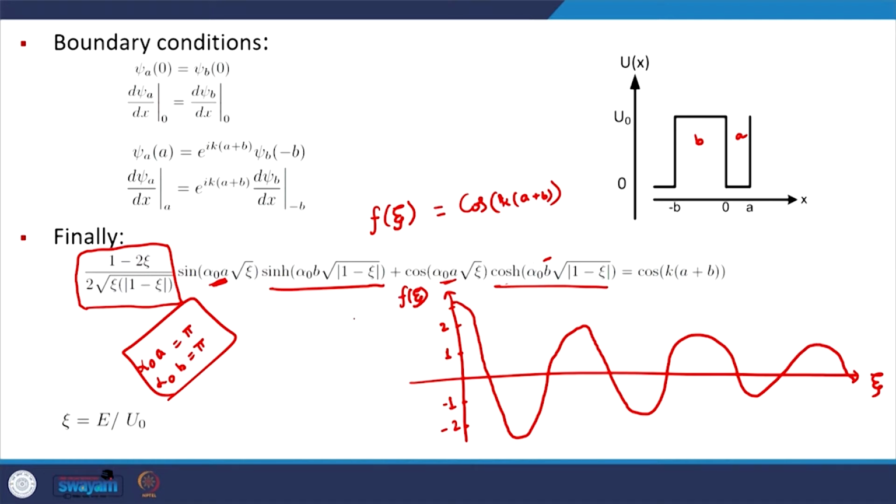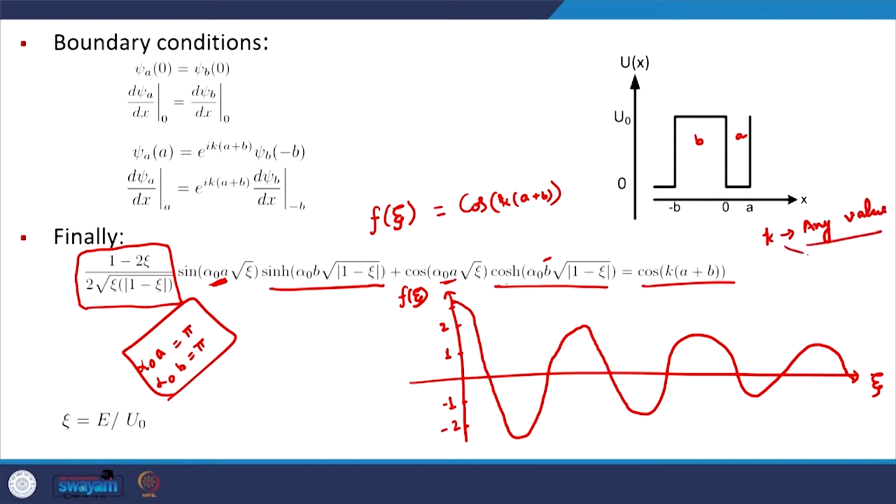So, this is the plot of the left hand side function, and as you might have already realized, on the right hand side we have a cosine function, cos(k(a+b)), and for an infinite crystal, for an infinite solid, this k can take any value.